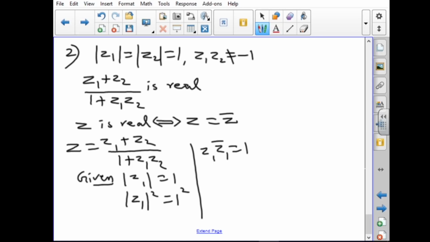So from this we can get Z1 bar is equal to 1 by Z1. Similarly, Z2 bar is equal to 1 by Z2.